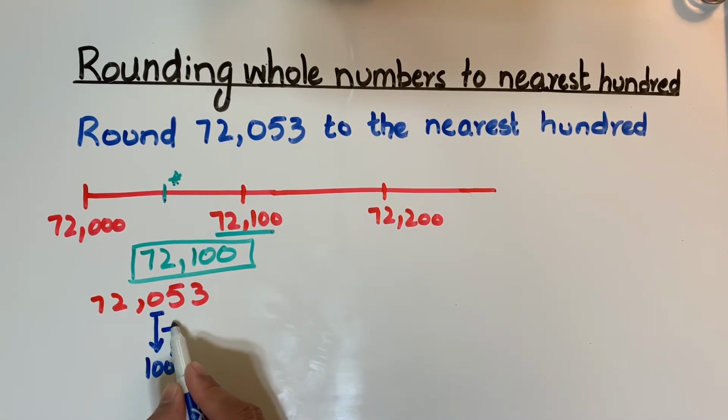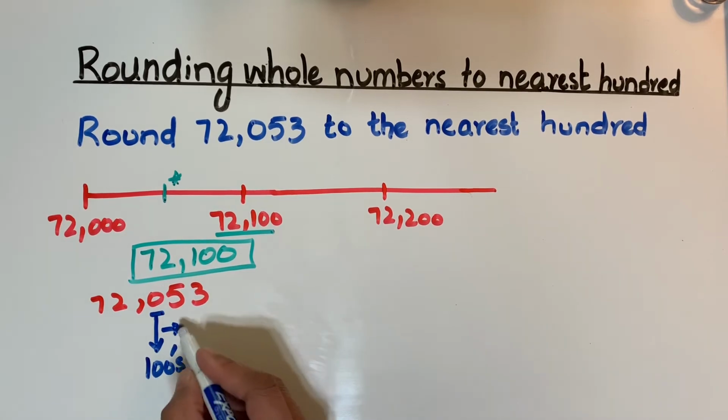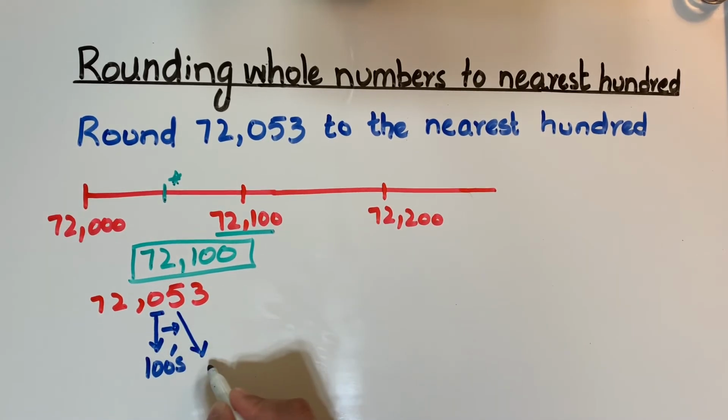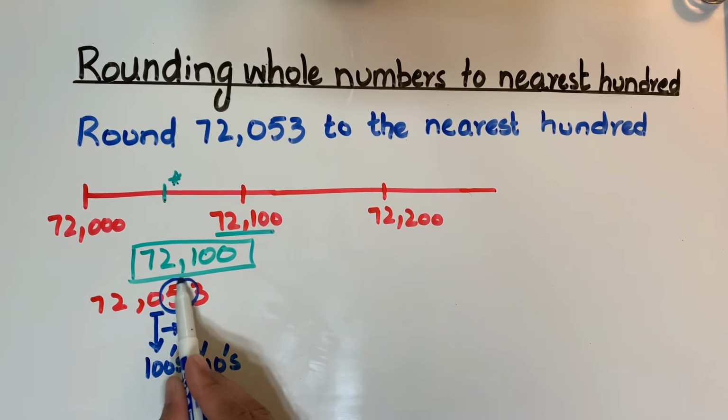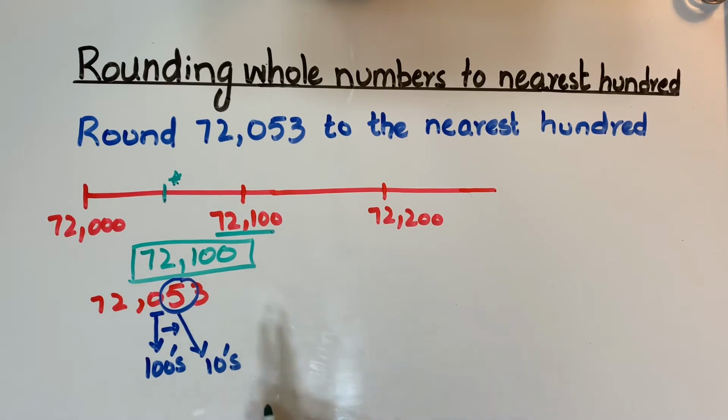The place to the right of the hundreds place is the tens place, and we have the digit 5 here. Now we have to check whether this digit is 5 or greater than 5.